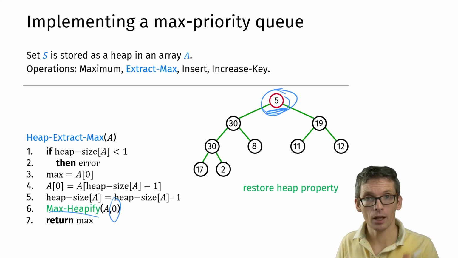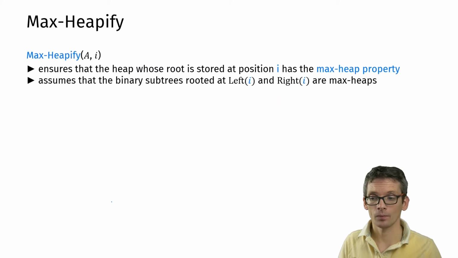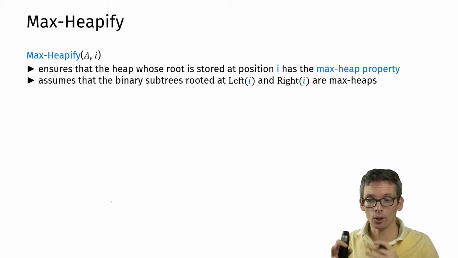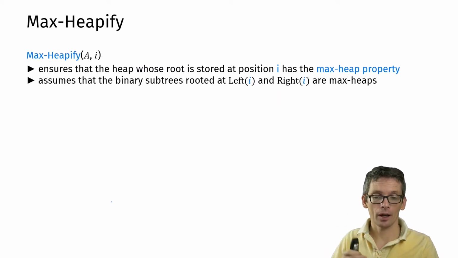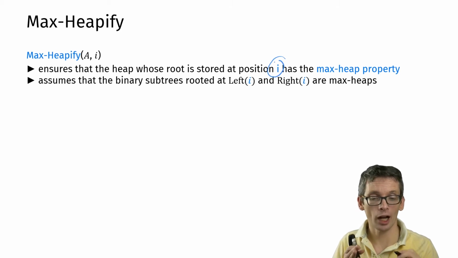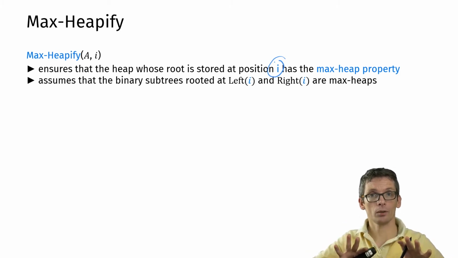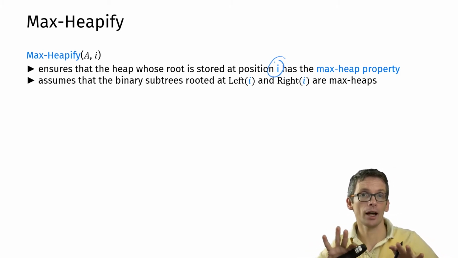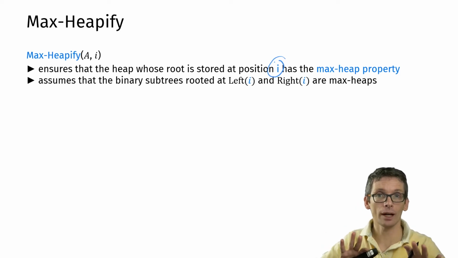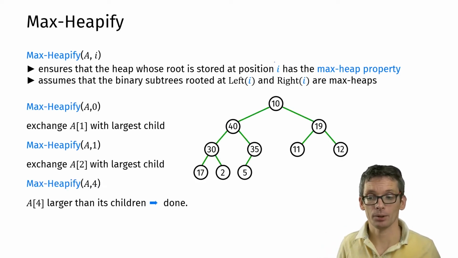So 0 means at the root. So what we want to ensure is that a heap rooted at position i has the max heap property, and we can assume that the two subtrees, so at left(i) and right(i), so at the left child and the right child, are already max heaps.